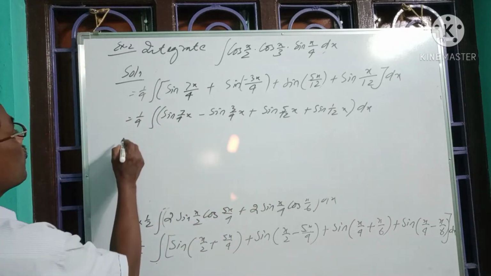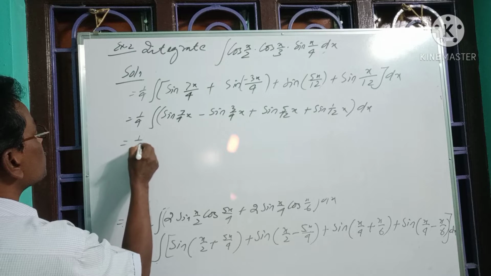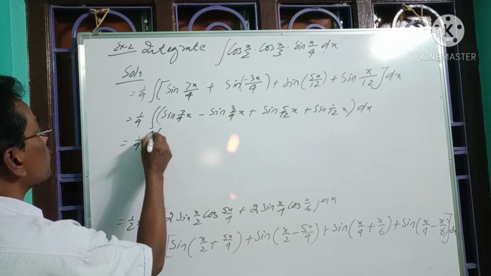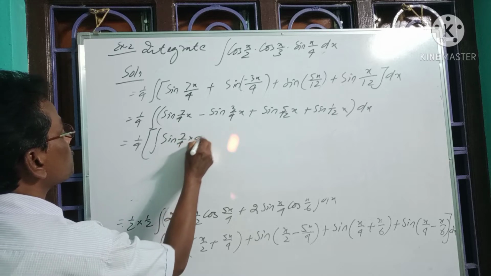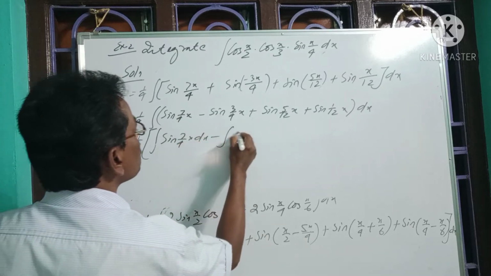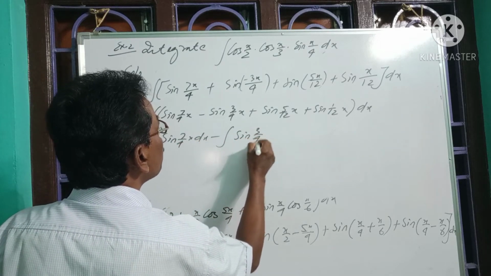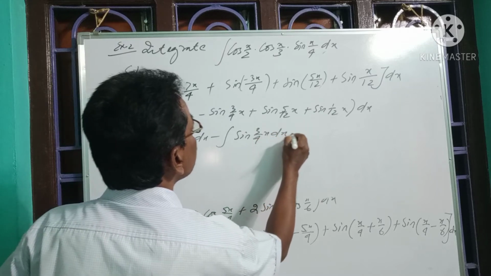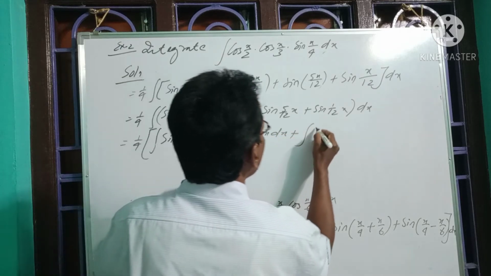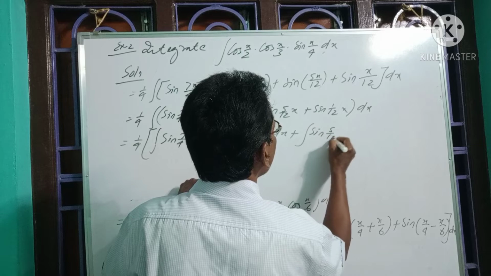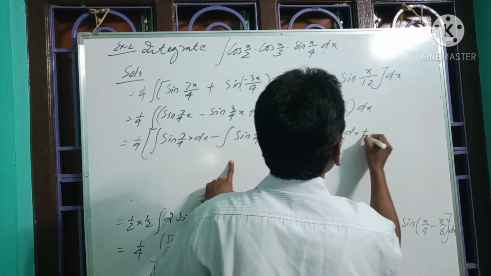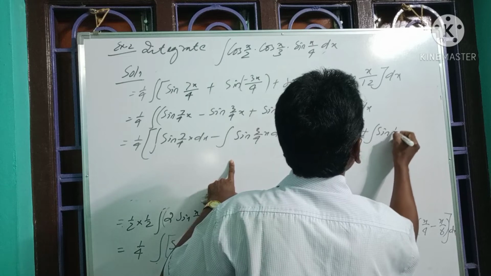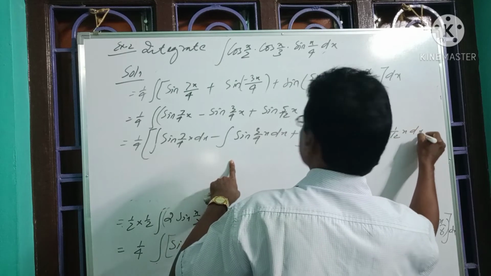So using algebra of integrals, that is 1 by 4 into integration of sin of 7 by 4x with respect to x minus integration of sin of 3 by 4x with respect to x plus integration of sin of 5 by 12x with respect to x plus integration of sin of 1 by 12x with respect to x.